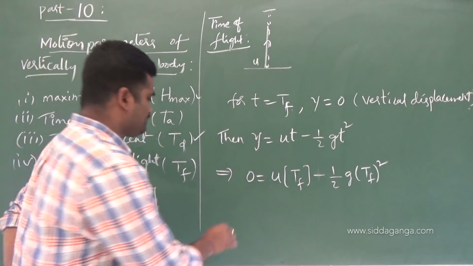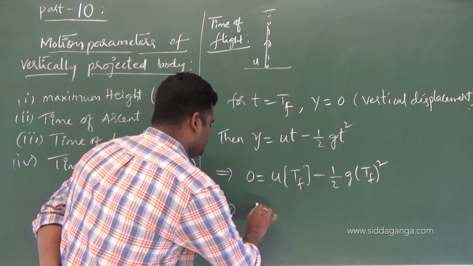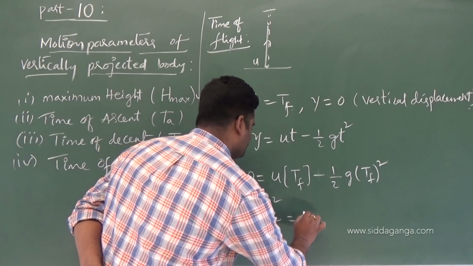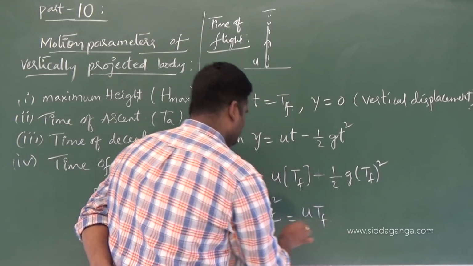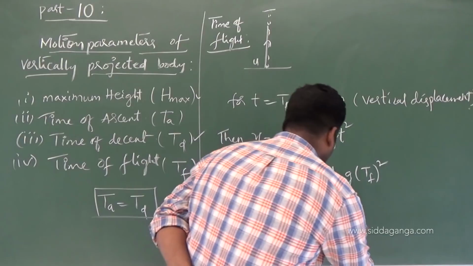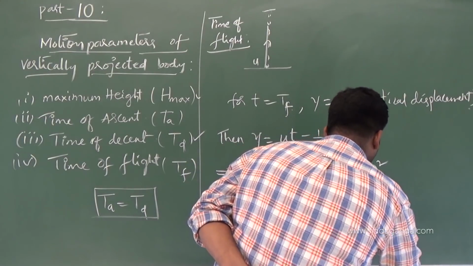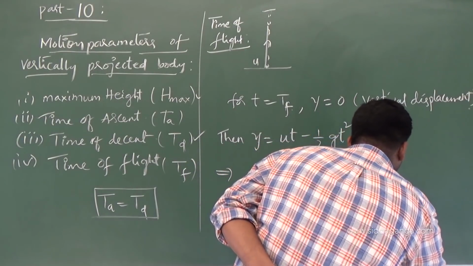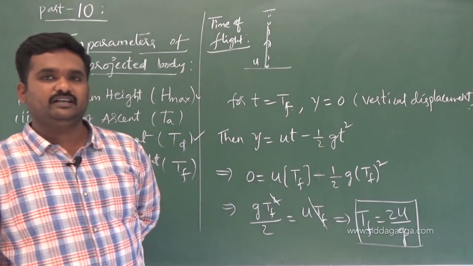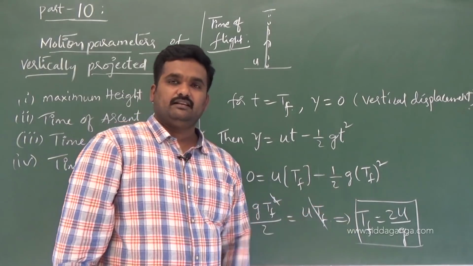Take this to the left hand side. G into time of flight square by 2 equals u into time of flight. One time of flight will get cancelled. So finally, time of flight will be equal to 2u by g. This is the final expression which you have to remember to find the time of flight of the projectile.